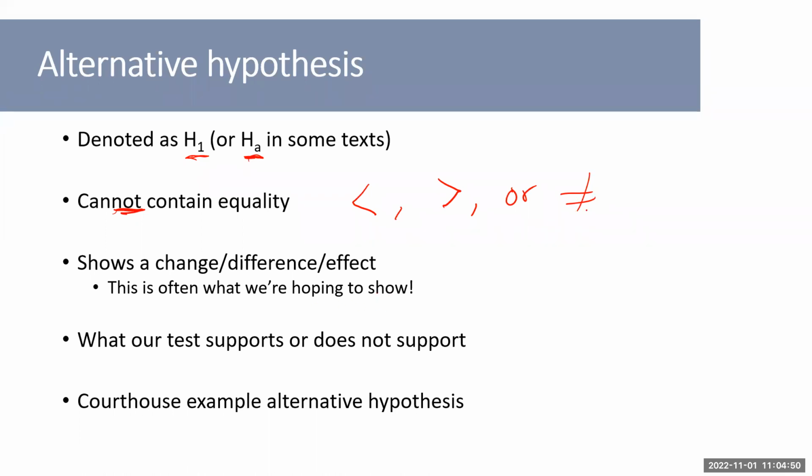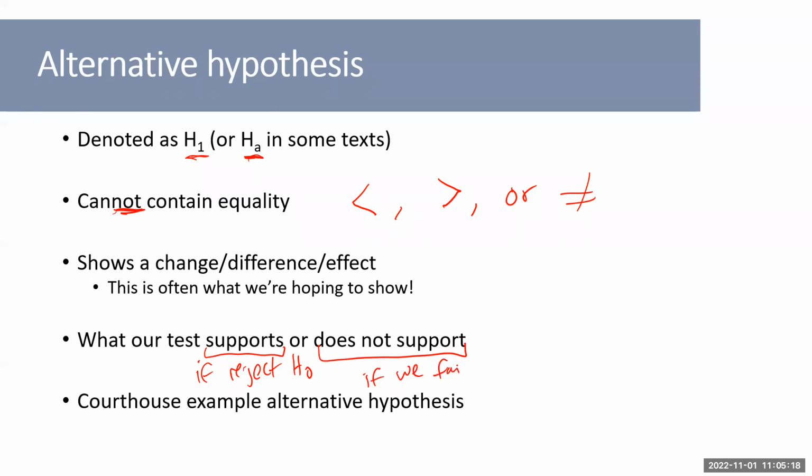You're going to follow these ideas of which signs go where. Now, while we reject or fail to reject our null, that means that we have evidence to support or not support our alternative, okay? So if we reject our null, then we have evidence to support that the alternative might be true.